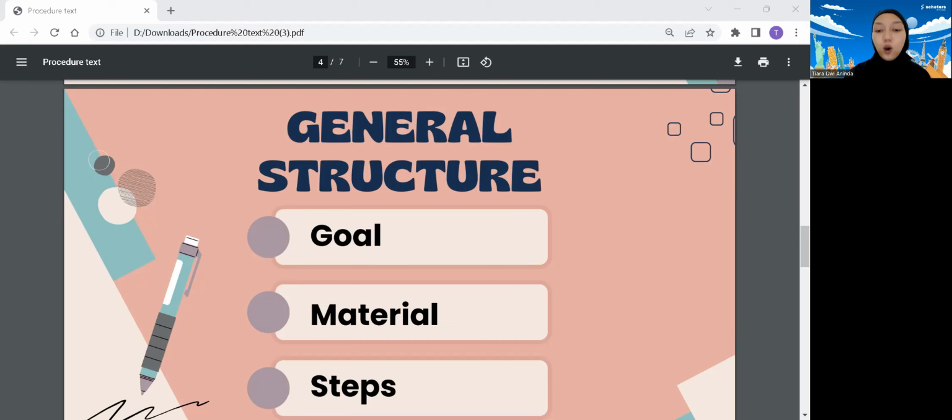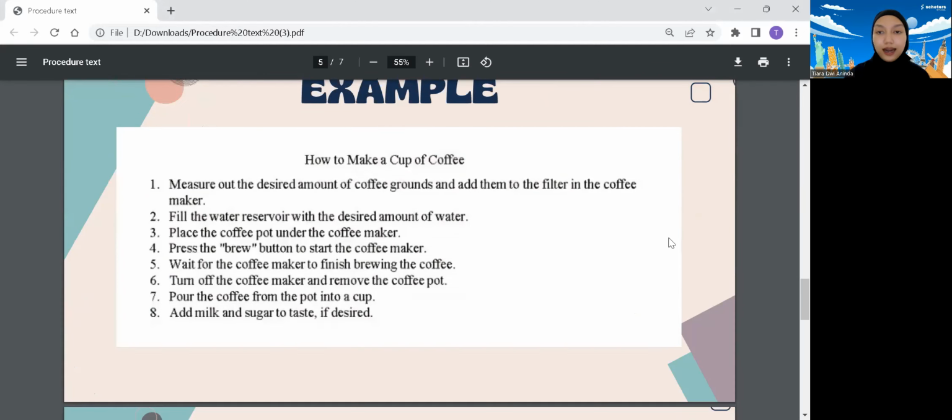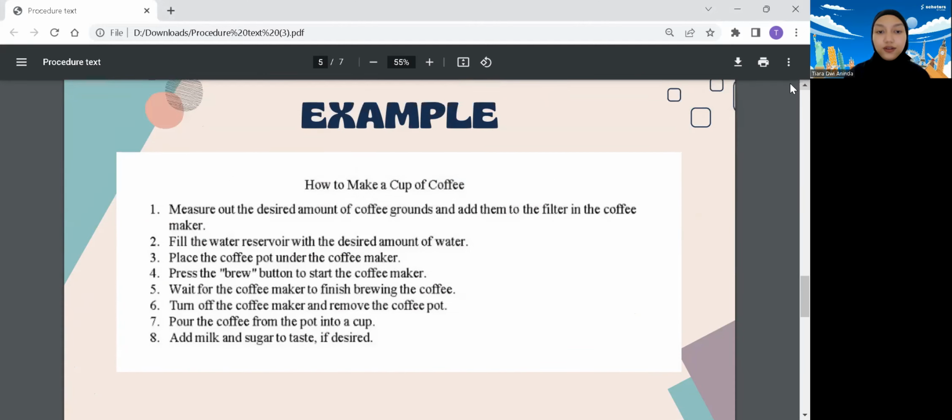Okay, now let's take a look at the example that I've made for you. This example explains how to make a cup of coffee. In this procedure text, we will be making a cup of coffee using a drip coffee maker.